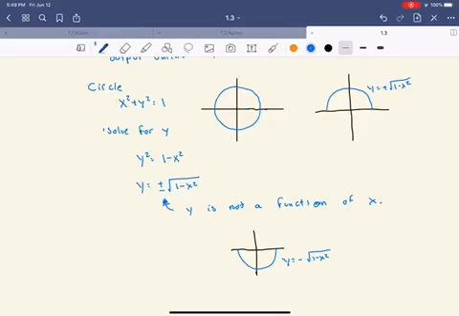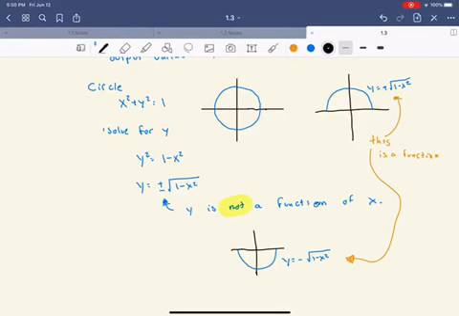Each one of these is a function. And by this, I mean that, and that. So those are both functions, but the plus or minus is not. So you see the difference.